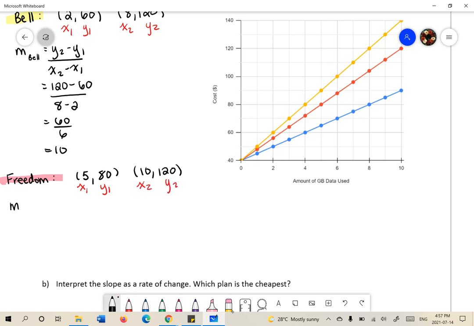The slope for Freedom is equal to y2 minus y1 over x2 minus x1. 120 subtract 80 divided by 10 subtract 5, which is equal to 40 over 5, which can be reduced to a whole number.